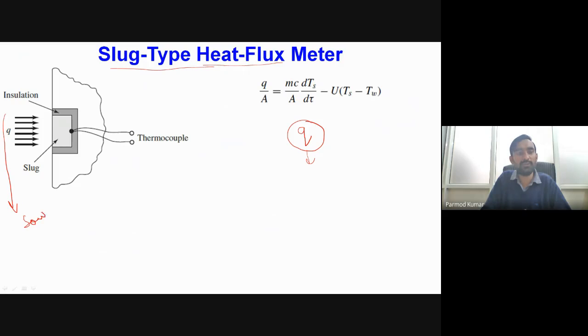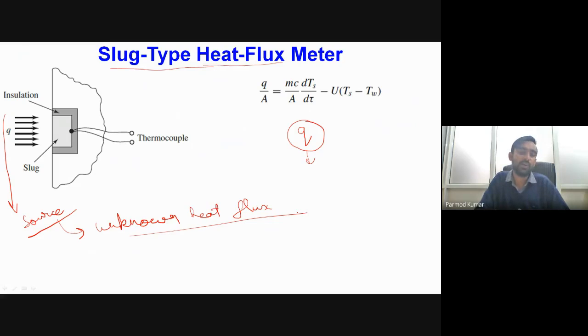So we place our source, and initially when we start the measurement, we do not know the exact value of the heat flux, that is, how much heat this source is actually emitting. Okay, so initially we consider this a source of unknown heat flux, coming from this particular source.